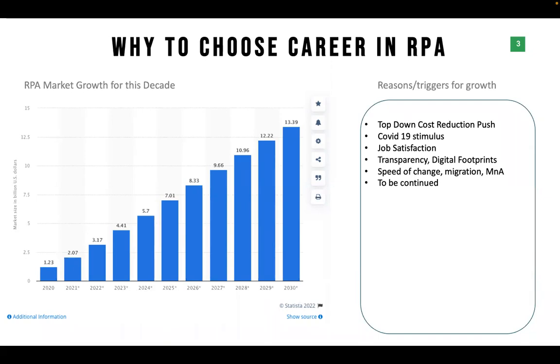So COVID-19 acted as a stimulus for RPA growth, and I could see that from 2020, the amount of work that increased for our team and the number of projects that we started getting, not only in UiPath but in other organizations, where I have business analyst friends who are working in RPA. Everyone's plate was full with projects, because there was a lot of push to cut cost.